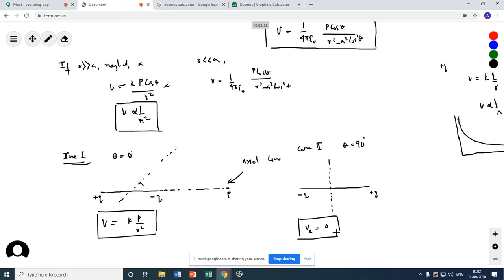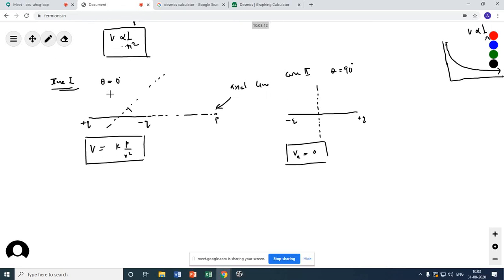Correct? So the potential on the equatorial line of a dipole is 0. Isn't this what I taught you? I gave you a question to find a point on the line joining the two charges where the electric potential is 0. So I was working on this concept.